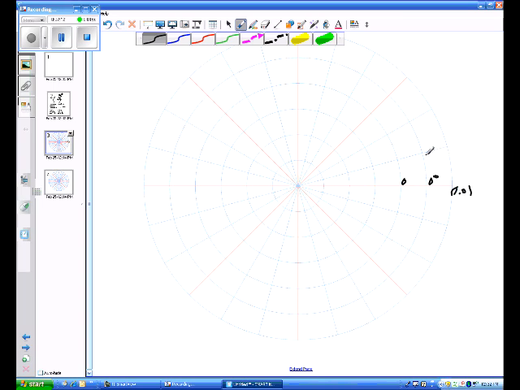Now these are marked off in units of 15, so we're going to go up here to 30 degrees, which if you remember in radians is pi over 6, which means that would have been the distance that we traveled around. Okay, we know the cosine of 30 is the square root of 3 over 2. The sine of 30 is 1/2.